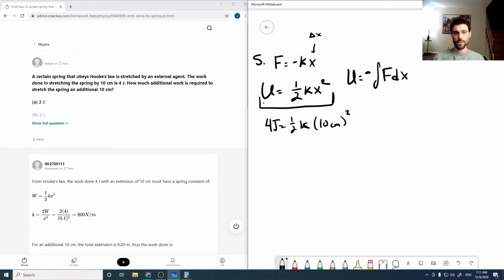And so how much additional work is required to stretch the spring an additional 10 centimeters?